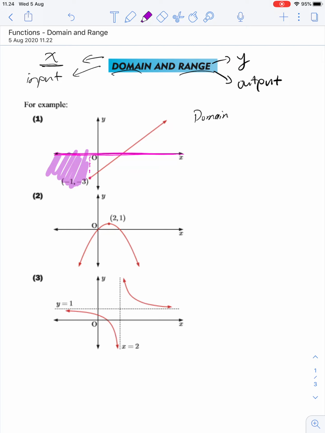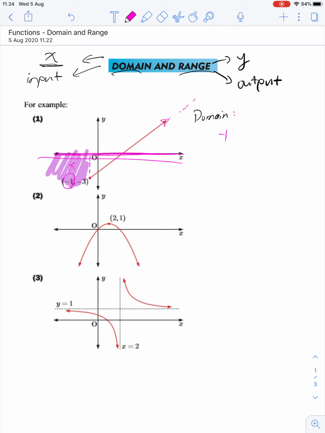It starts where that line is, and that line is -1. That's the x value. So I know that my x value starts at -1, and it just continues going on and on to the right. This arrow indicates that it'll continue going on and on.